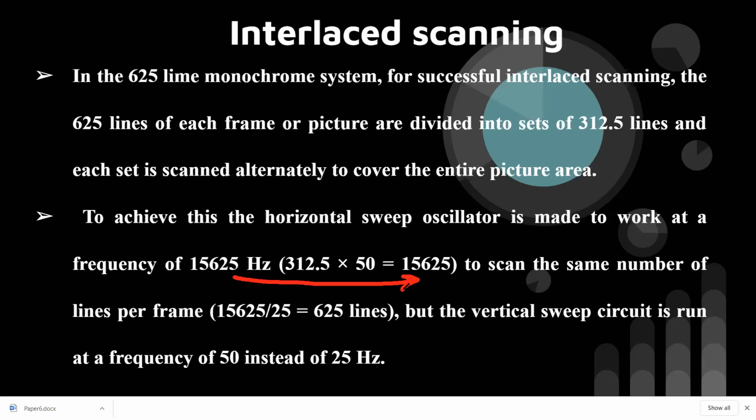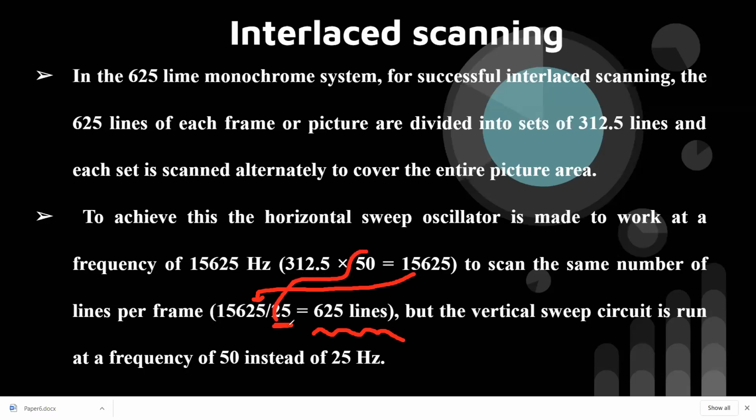These number of lines per frame can be obtained by dividing this value 15625 by the number of frames. So you get a 625 line system, but your vertical sweep circuit runs at a frequency of 50 instead of 25.